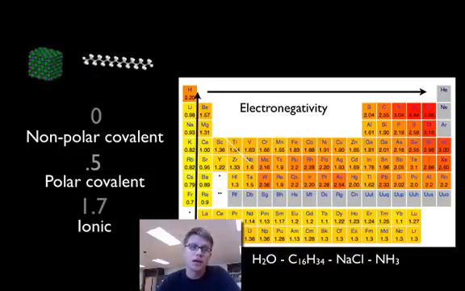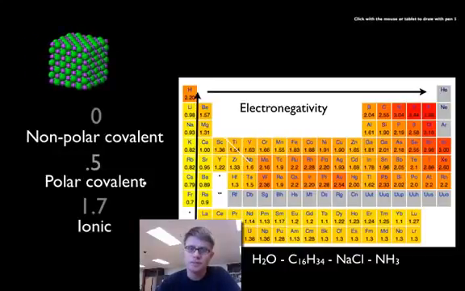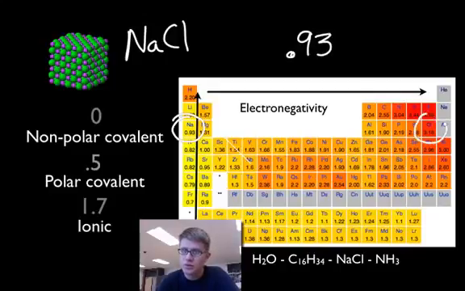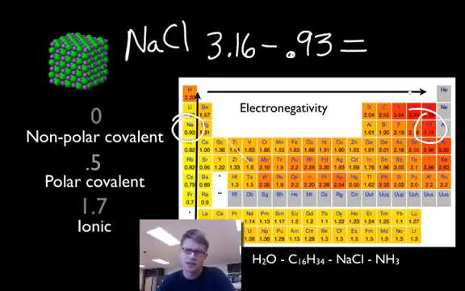Okay, let's go to the next one. That's salt. What is salt? Salt is NaCl. If we look up our electronegativities, we're going to find sodium all the way over here, so it's 0.93. I'm then going to find chlorine. Chlorine is 3.16. So I subtract 3.16 minus 0.93, as I try to do that in my head. That'd be like 2.23.